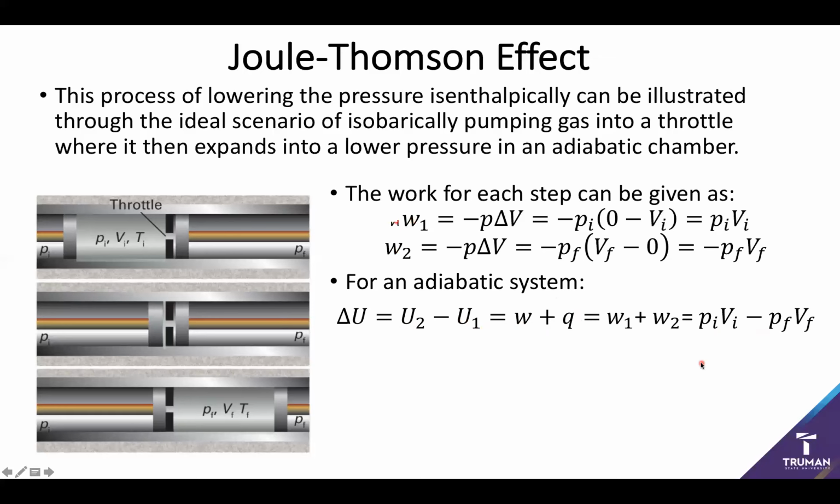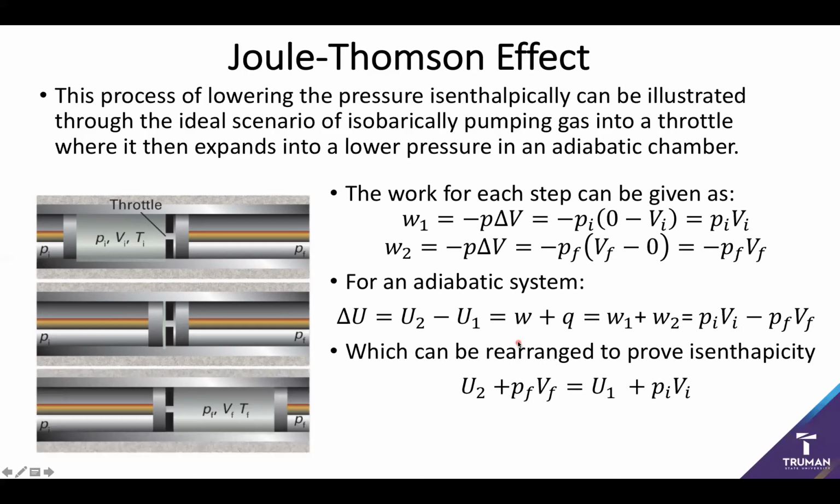Now we're going to go ahead and rearrange this equation a little bit more to prove the isenthalpic conditions. And we're going to move all of our final conditions to one side. So I'm going to add PF VF to both sides, and I'm going to add U1 to both sides to get my initial conditions all on one side and my final conditions all on the other.